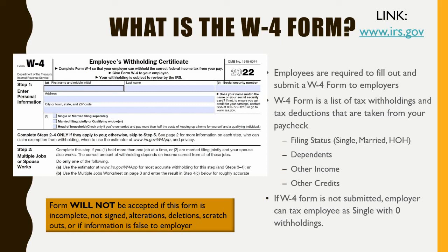But you can submit a new W-4 form any given time that you have a financial change in your life. Let's say this year you don't have any children, so you claim zero withholdings, and then 2 years later you have a child and you want to claim that child.